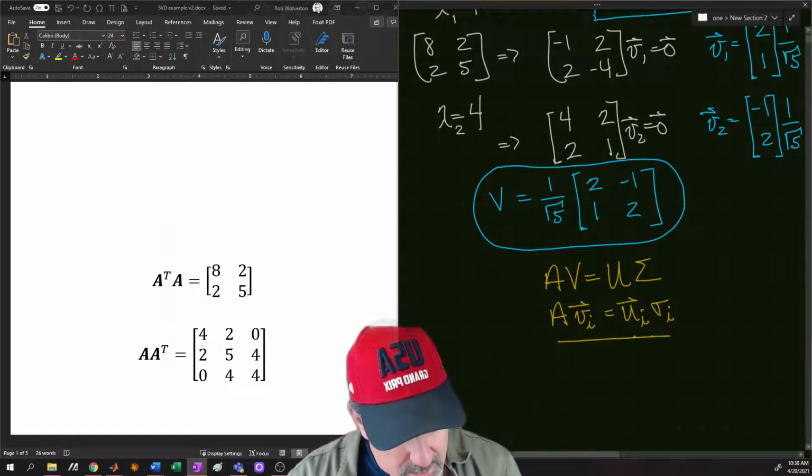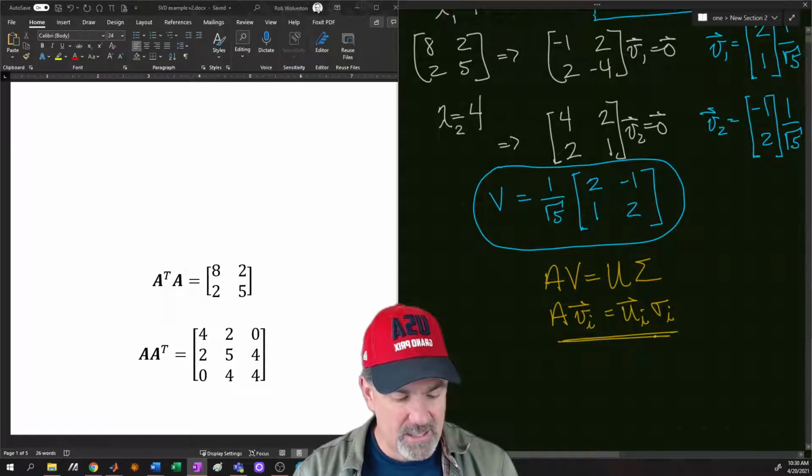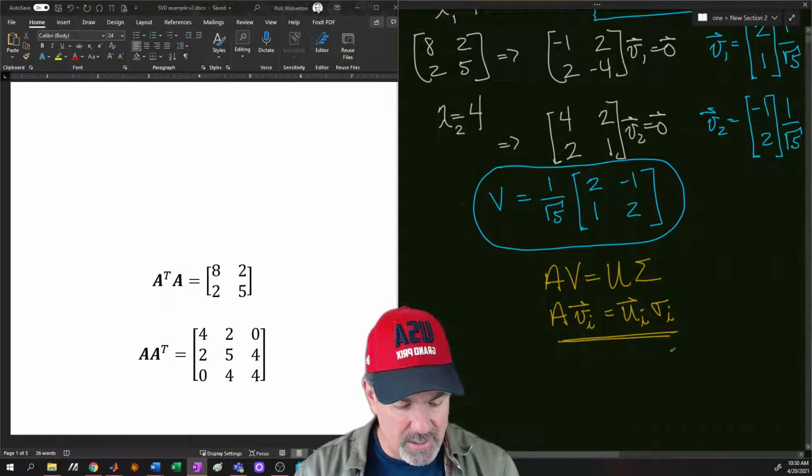And instead of calculating U vectors as the eigenvectors of AA transpose, it's actually faster and easier to do it this way.